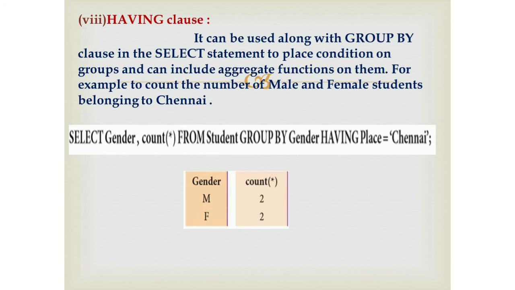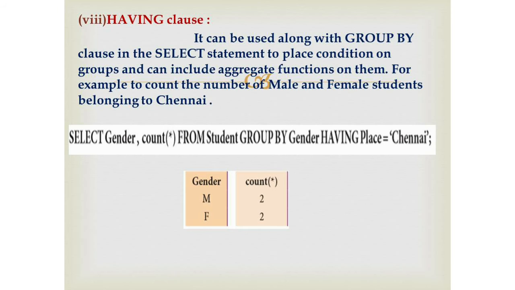For example, to count the number of male and female students belonging to Chennai. So belonging to Chennai is a condition. In the previous example, by the GROUP BY clause, we could count the number of males and females, right? Here, by using the HAVING clause, you can place some condition on the GROUP BY clause.